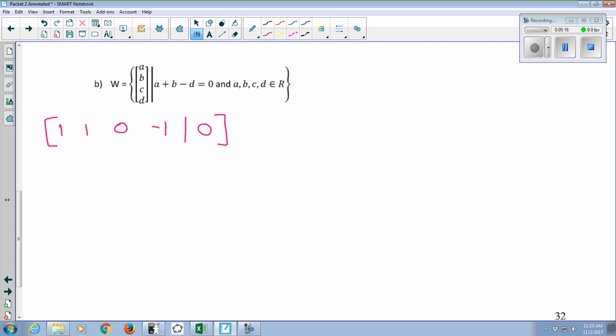So this is my pivot position, right? So this is my basic variable. The other ones are free. So this says A has to equal negative B plus D, and then B, C, and D are all free.